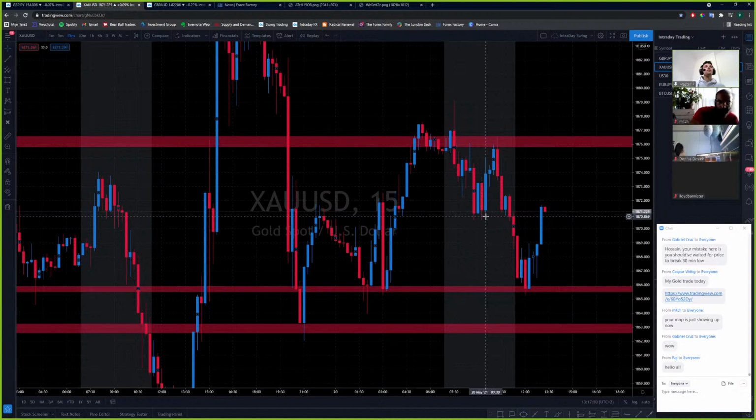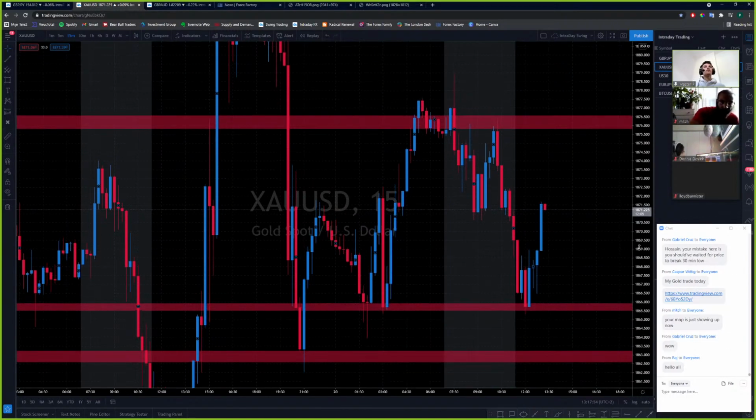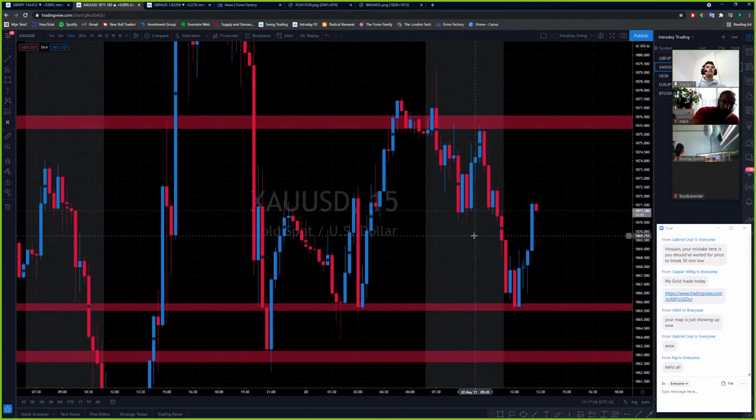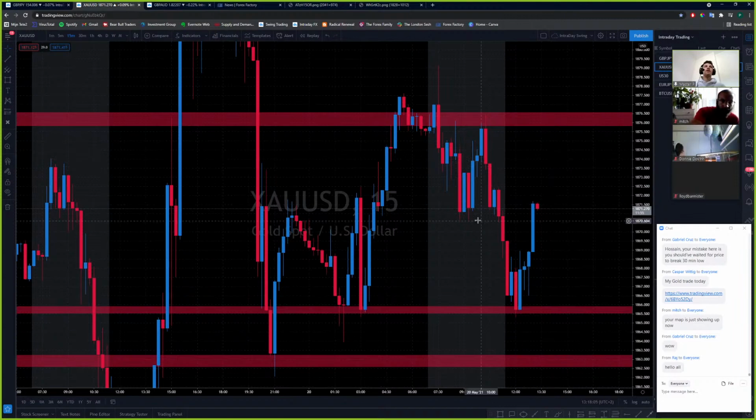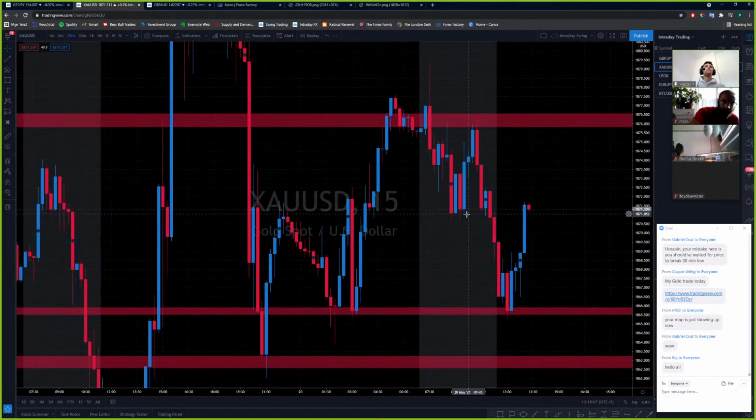That was my first mistake. Secondly, the 15 minute candle did not close below the support, and that was my biggest mistake. I realized it. Yeah, I see. So you definitely learned from it. I learned it. Yeah, that's really good.